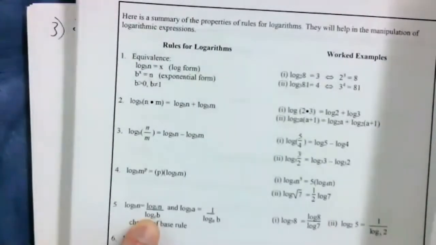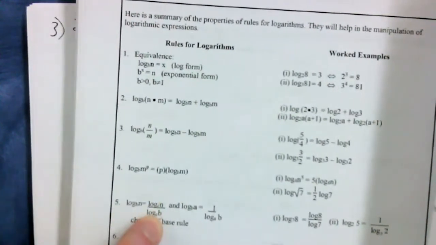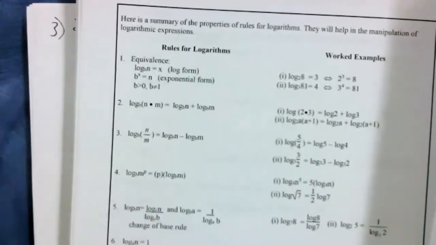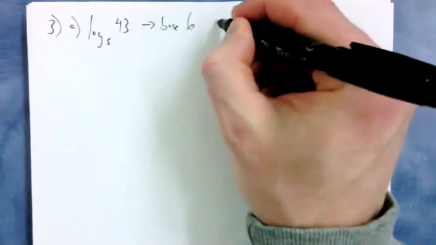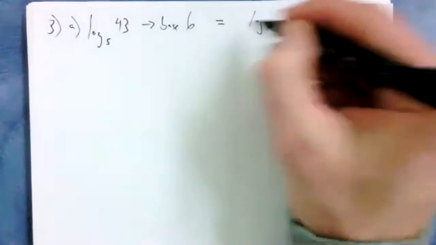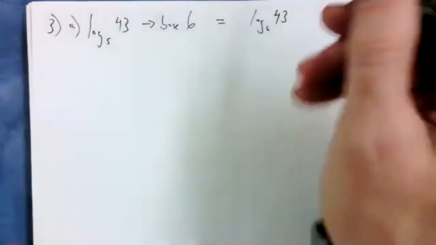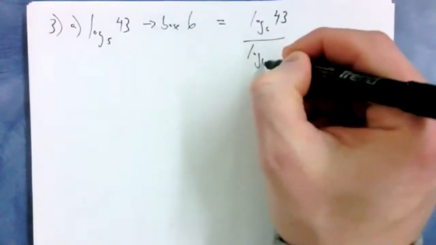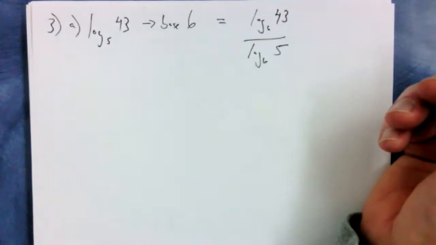If we're changing the base, it's log base B of n goes on top, log B goes on the bottom, and the new base just goes in there for both. So it really doesn't matter what that base is. In this case, it's going to be log base 6 of 43 over log base 6 of 5. And that's it.